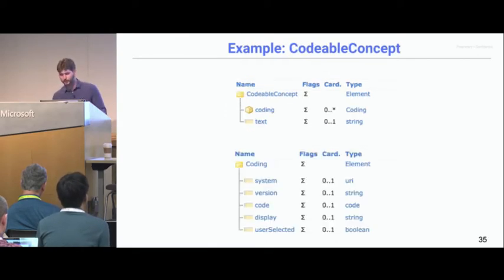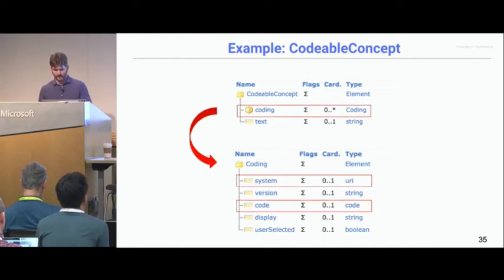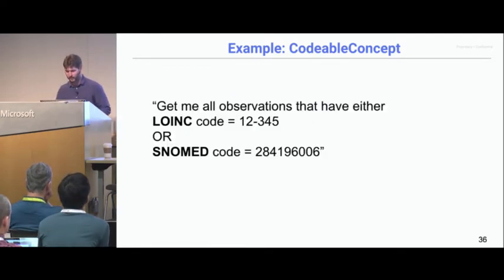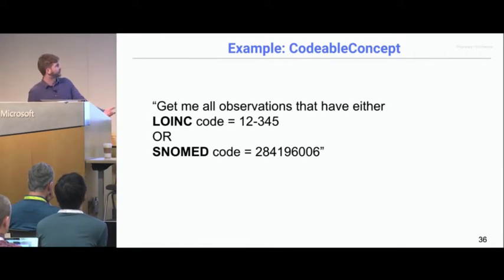Another example is CodeableConcepts. If you know your spec, a CodeableConcept is basically a repeated coding, where each repeated coding is a system and a code. So basically, you have a list of key value pairs that describe whatever concept you're trying to describe. So let's give an example. Give me all the observations that have either this LOINC code or this SNOMED code.